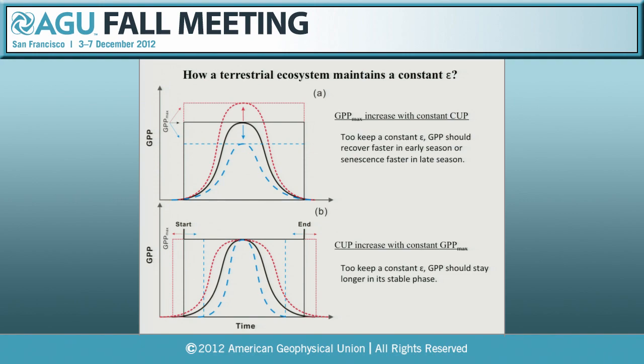Another mechanism that could maintain that conservative relationship is a change in the so-called width, basically the shoulder. Let's say the maximum GPP doesn't change, but the phenology or seasonality changes. Then, in order to maintain that conservative GPP ratio, the shoulder has to be wider for longer seasons.